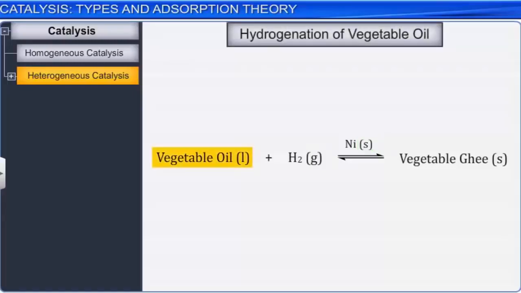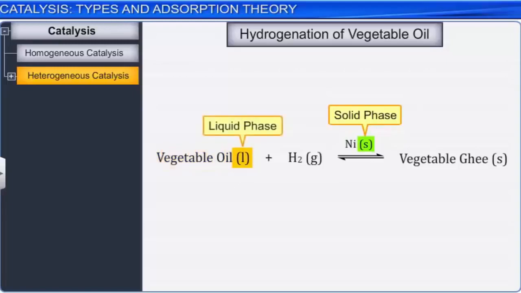In this reaction, the catalyst, nickel, is in the solid phase, and the reactant, vegetable oil, is in the liquid phase, while hydrogen is in the gaseous phase. Thus, nickel is a heterogeneous catalyst, and this is an example of heterogeneous catalysis.